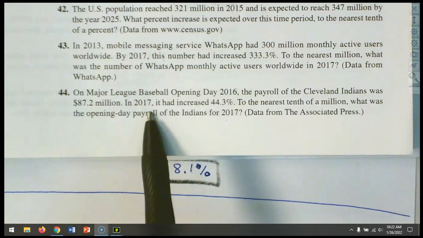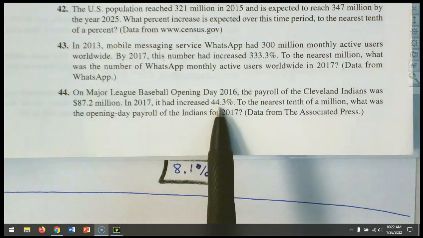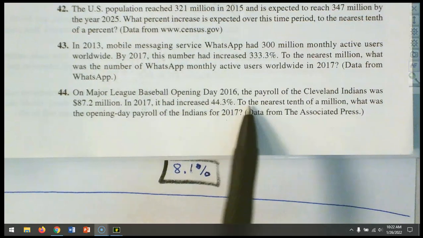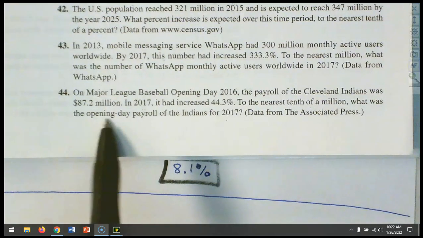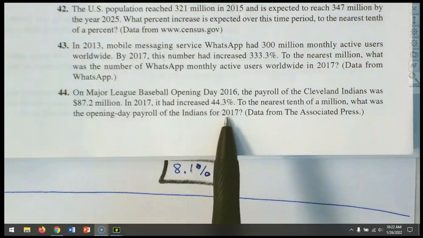In 2017, it had increased 44.3%. To the nearest tenth of a million, what was the opening day payroll of the Indians in 2017?